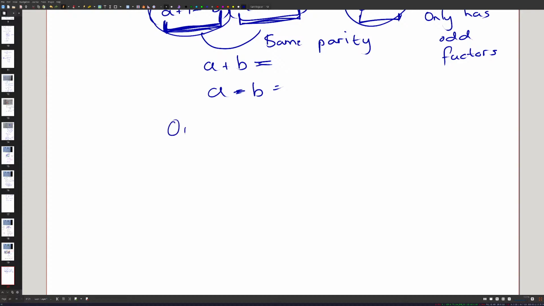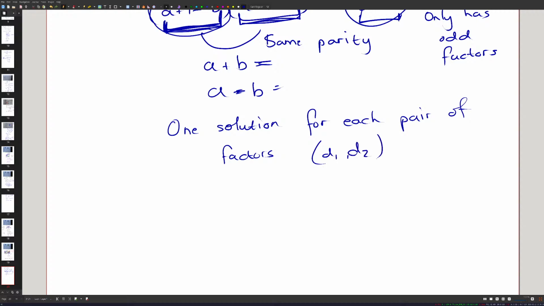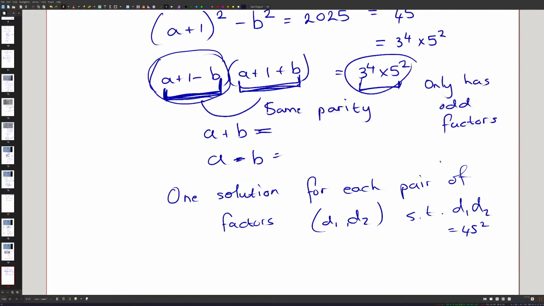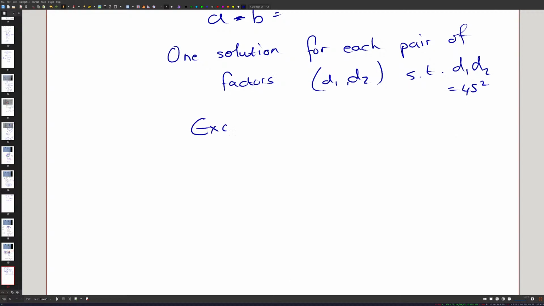So there's one solution for each pair of factors d1, d2, such that d1 times d2 is equal to 45 squared. Except 1 times 45 squared, because in that case we get that a equals b.